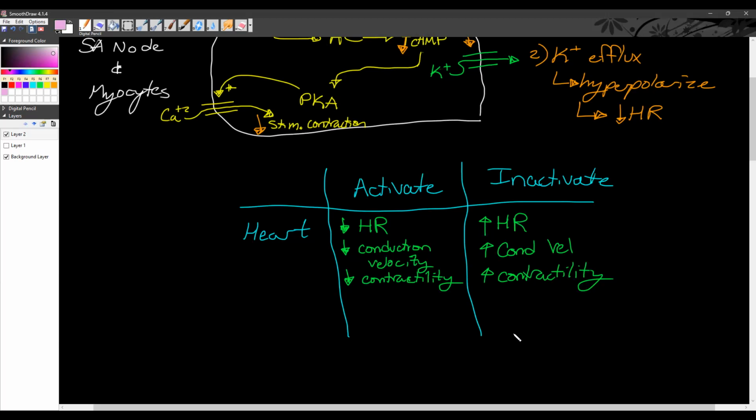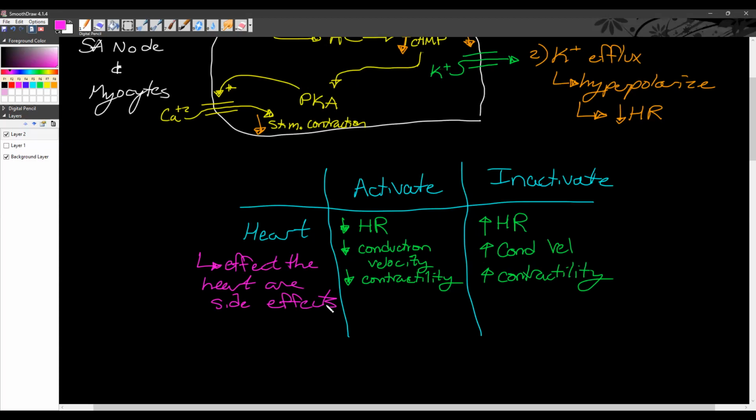Okay. So what I want you to know is that for the heart, the effects on the heart are side effects. There are no indications to use a muscarinic agonist or antagonist specifically for the heart. It's just not useful.